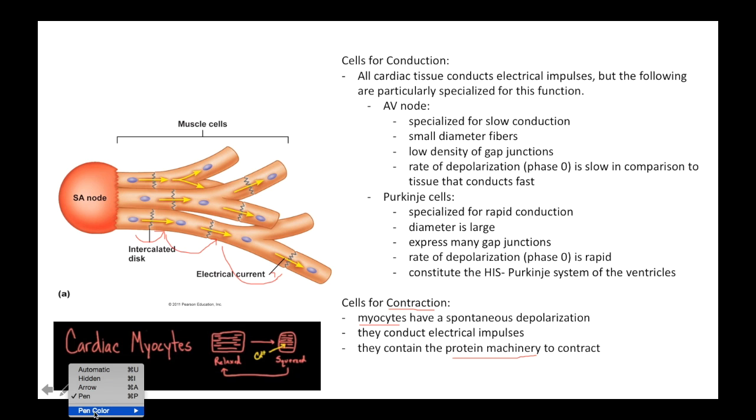So by that, I am referring to the structure within the cell. I'm talking about actin, myosin, all of that allows it to contract as well as relax again with each action potential. Make sense so far? Okay.